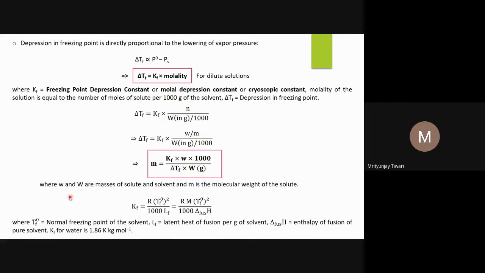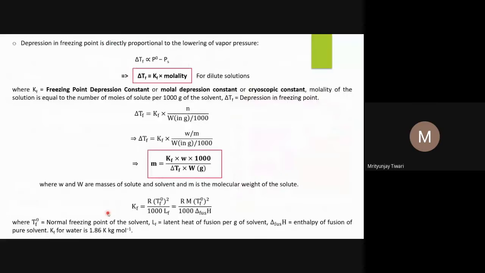The value of Kf is calculated experimentally. The derivation is not required for us, but if you can remember this formula, that would be nice. The value of Kf can be calculated from this equation: R is the gas constant we know, and T naught F is the normal freezing point of the pure solvent, which we have already defined here.